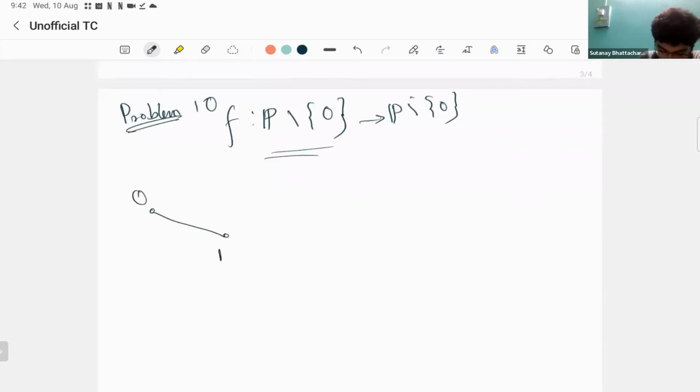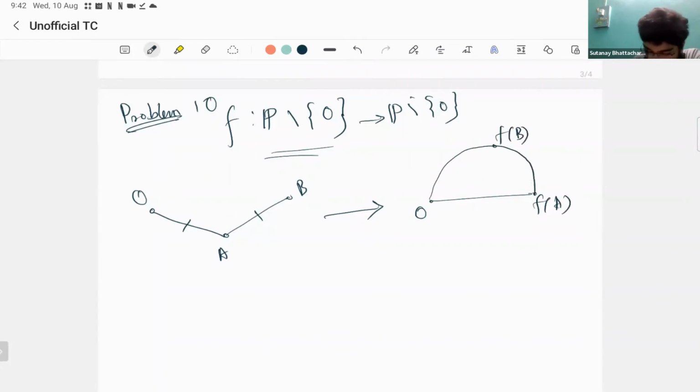Whenever you have 2 points A and B with this length condition holding, AB is equal to AO, that means in the image, f of B lies on the semicircle. I'm not going to bother drawing the semicircle because clearly I'm bad at drawing them. So I'm just going to express this by saying this is the right angle.